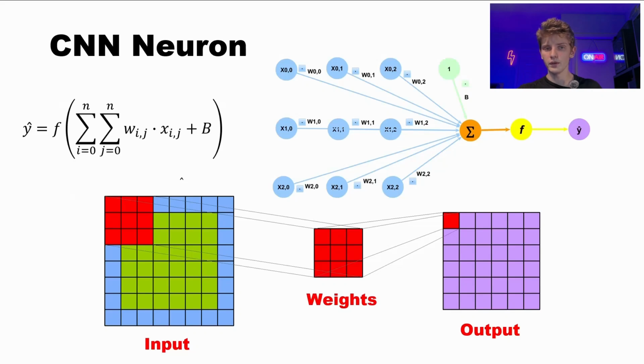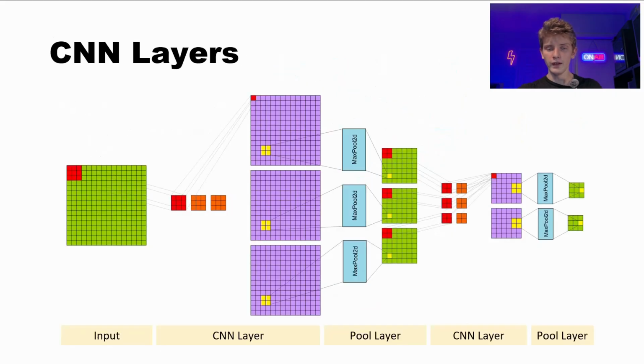Of course, like with the neurons we covered before, it still has some of those extra elements. Here we have a bias that we add to our sum, and we also apply a nonlinear function. Often you'll see the ReLU function used. So that was individual neurons. However, of course, we'll have multiple layers, and in these layers, we'll often use multiple filters too.